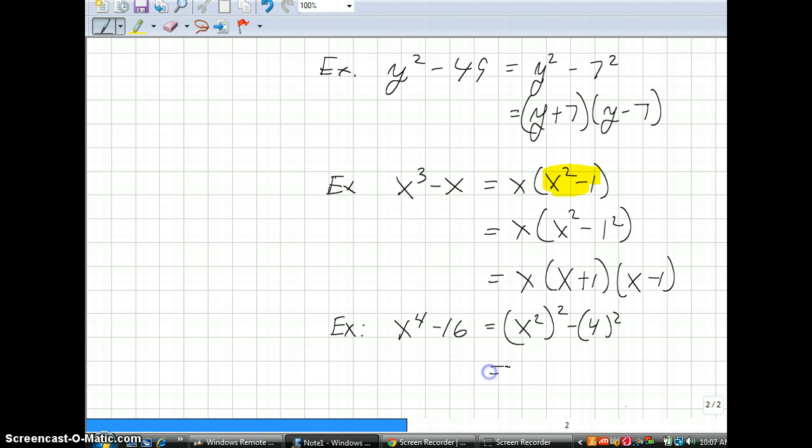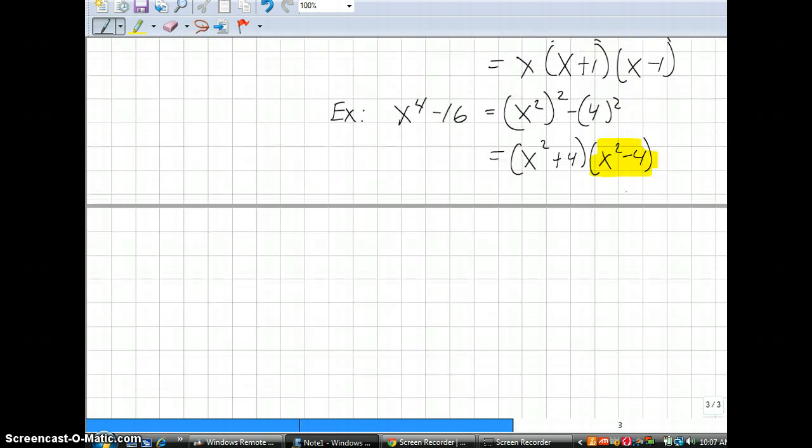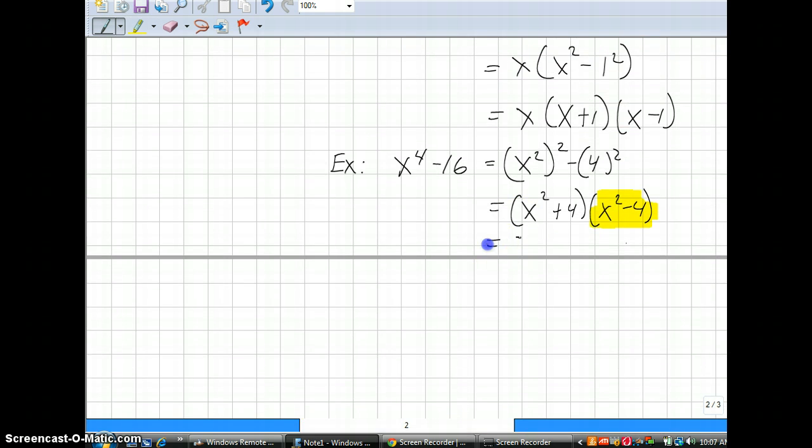So then that's going to factor to (x squared plus 4)(x squared minus 4). Now you have to be careful because notice that this one is also in the form a squared minus b squared. So you have to factor further. So the first one cannot be factored further, but this is (x plus 2)(x minus 2).